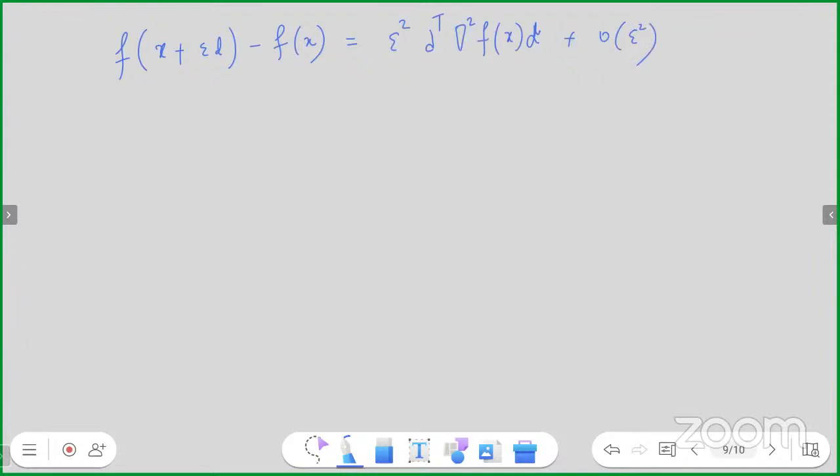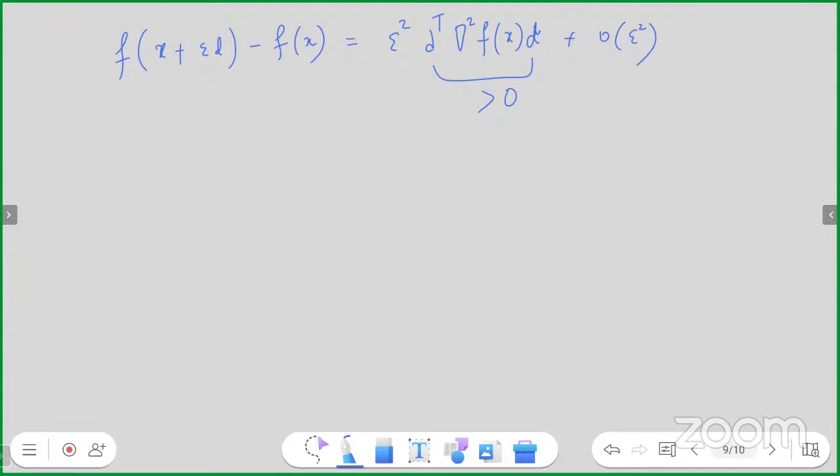You have already taken off the gradient term because it's 0. Yes. And now we know that d transpose Hessian d is strictly positive. Now, if I multiply with epsilon square, the strictness will still be there.